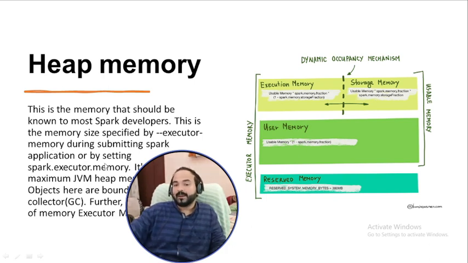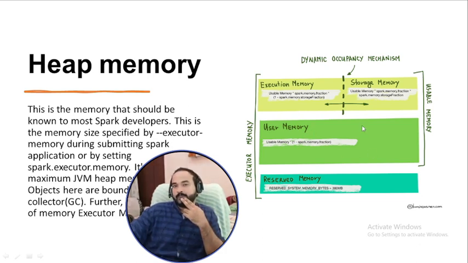During submitting a Spark application, or by setting Spark executor memory, it is the maximum JVM heap memory, and objects are bound by the garbage collector. Later on I'll cover the garbage collector. Actually, garbage collector helps you whenever you are storing old objects, old data.